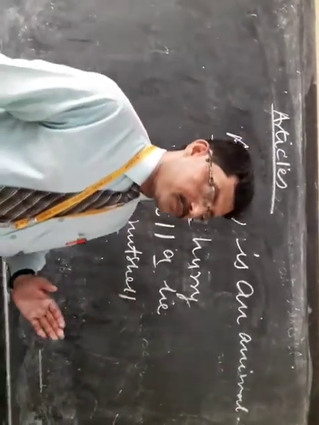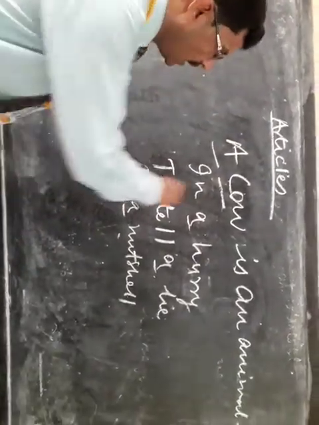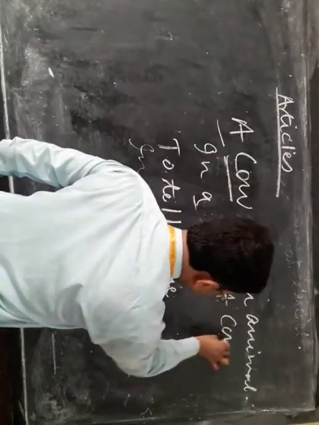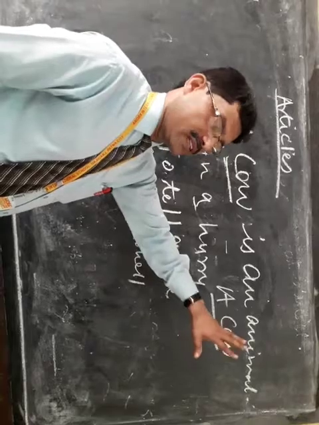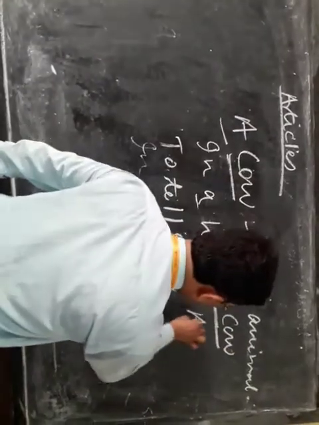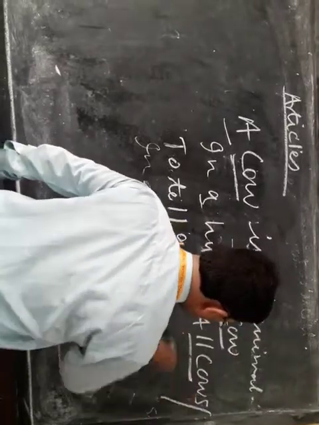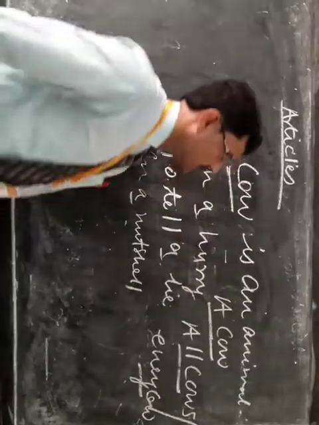A cow is an animal. A cow means all cows. Here cow denotes the whole class of cows. So a cow means all cows, means every cow.